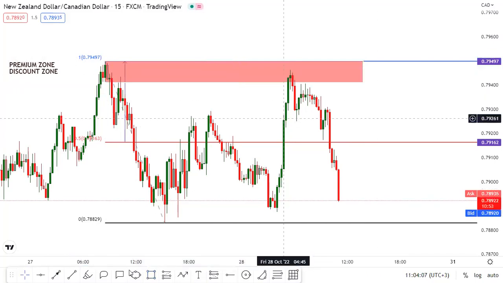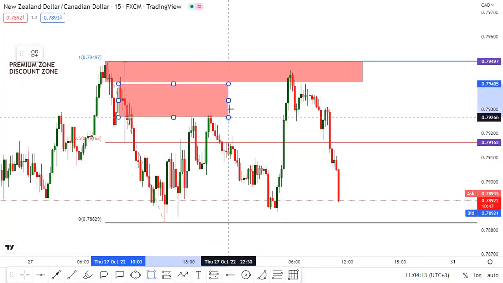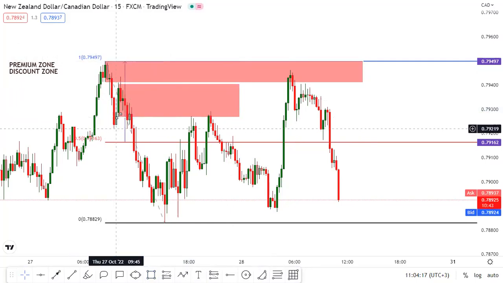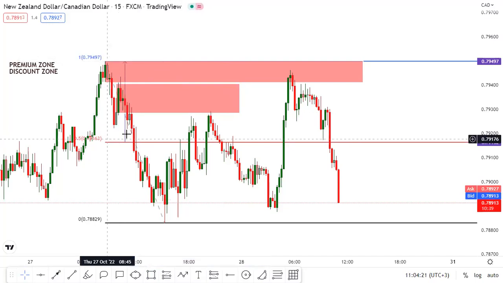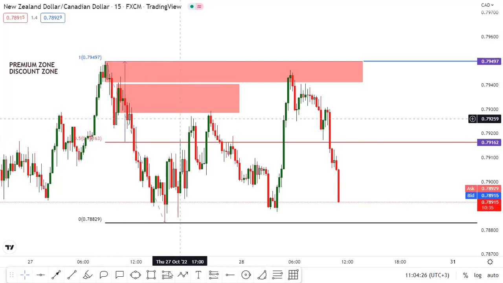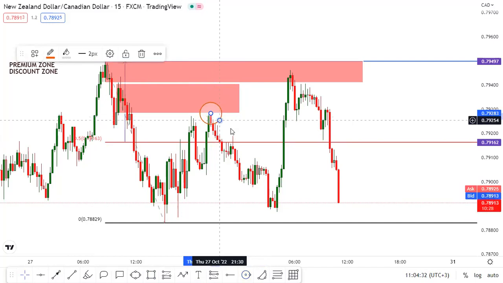And also I have this one here, I can draw this one here. And you can see how price respected these order blocks. This lower order block here was respected here.